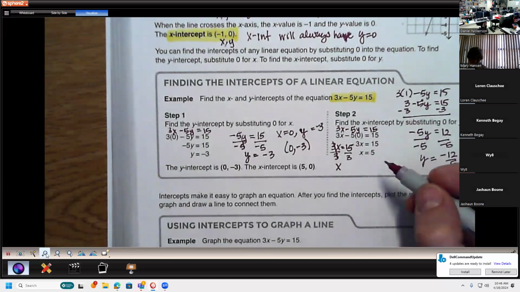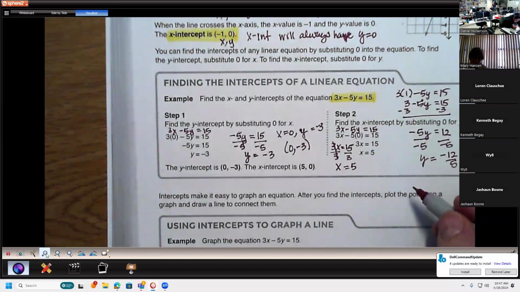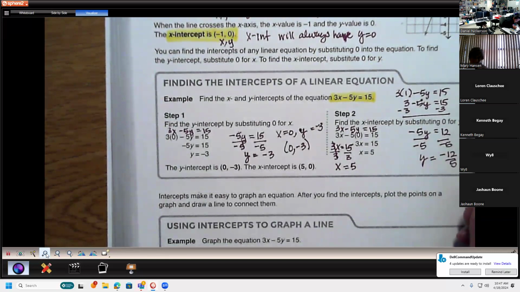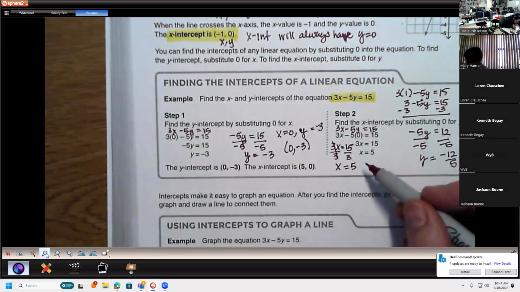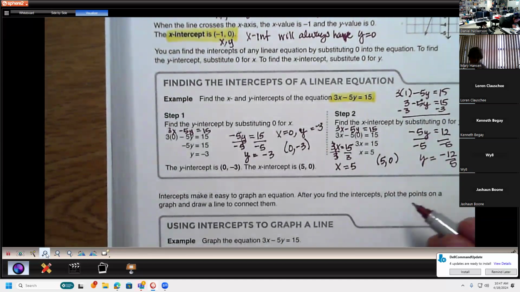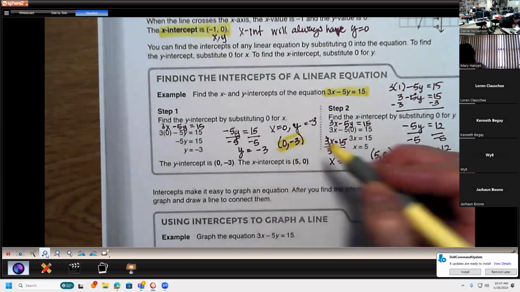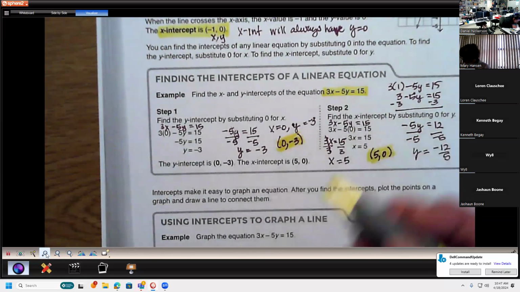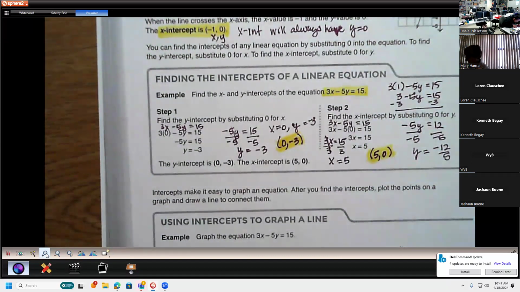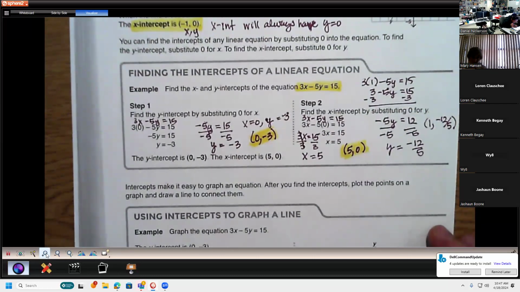So I'm just left with 1x, and 15 divided by 3 is 5. So that tells me that 0 for y pairs with 5 for x, and leaves me with a second point I can graph. And I'm not stuck graphing the point 1 comma negative 12 over 5, because who wants to graph that?